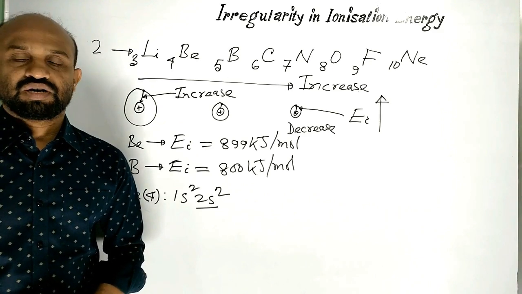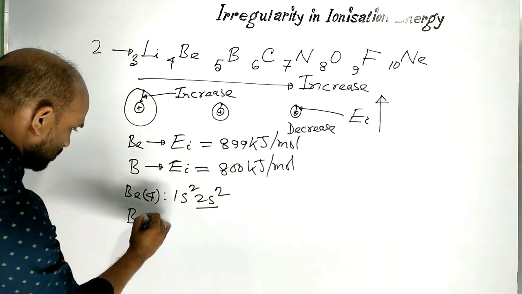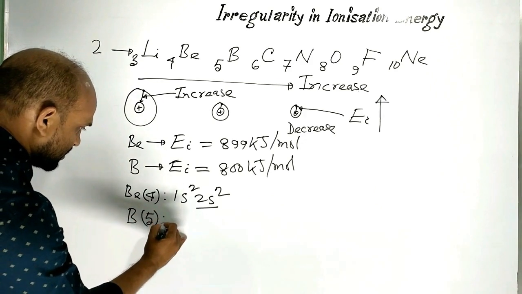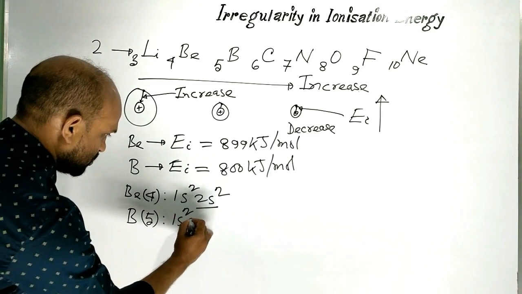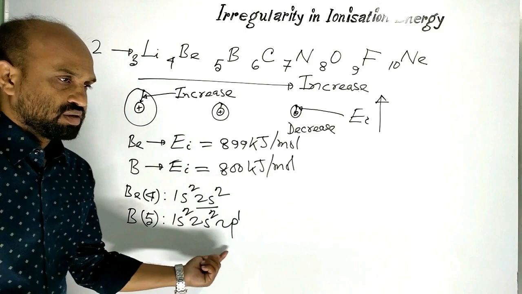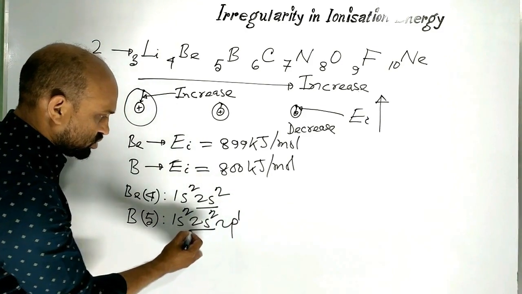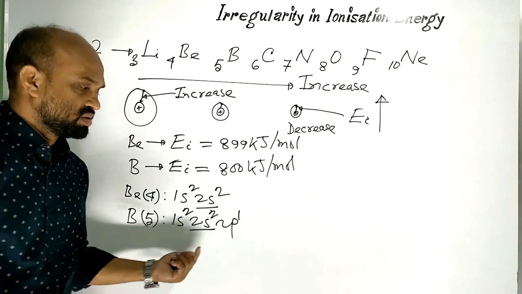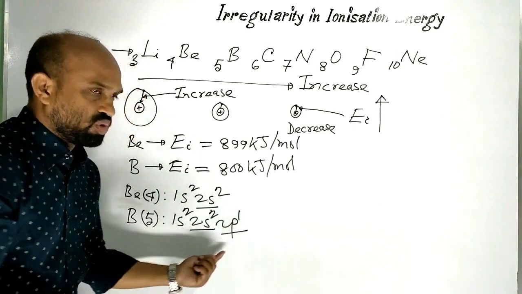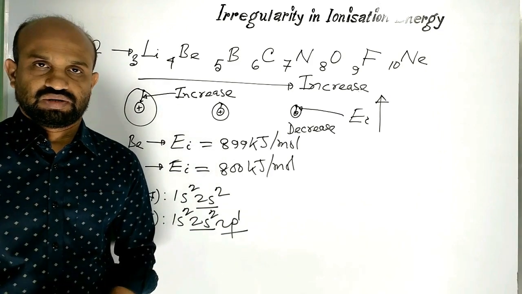Now let's see electronic configuration of boron. Boron, atomic number 5, 1s2, 2s2, 2p1. In the outermost shell of boron, 2s2 is fulfilled, but 2p1 is not half-filled, not fulfilled.